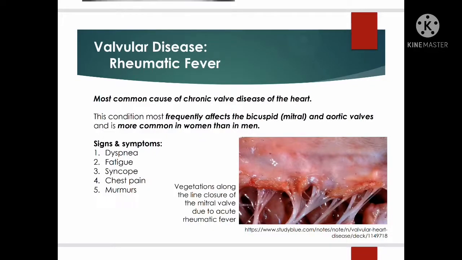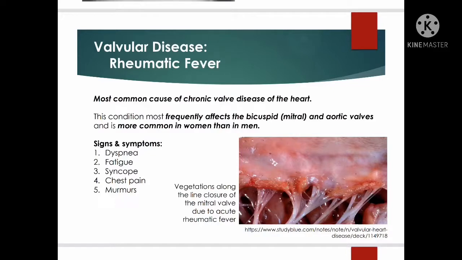Next is valvular disease. In abnormalities of the heart valves, cardiac symptoms are dyspnea, fatigue, syncope, and chest pain, and the sign is murmurs. There are lesions of valves, and usually an abnormal pulse is detectable through palpation. Rheumatic fever is the most common cause of chronic valve disease of the heart.